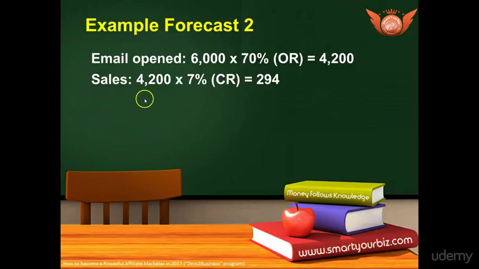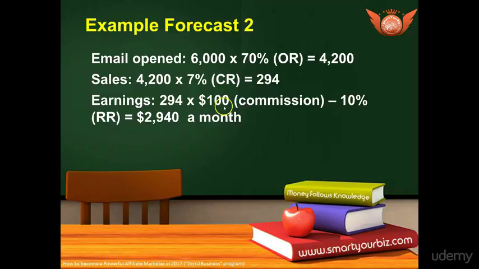So 4,200 multiplied by 7%, we have 294 sales a month, and multiplied by $100 commission, you have $29,400 as earnings. The same as previously, if we remove the 10% reversal rate, it will result in $2,940 as monthly revenue. So more than $35,000 a year. And believe me, this is good money for a new business.